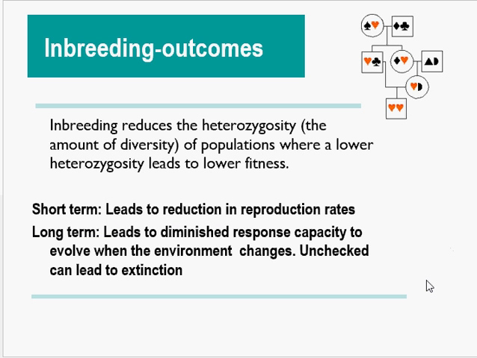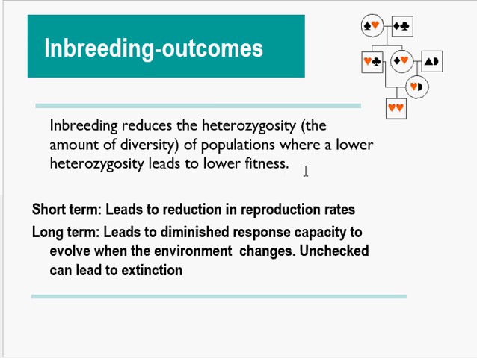So what does inbreeding lead to? Well, basically it reduces heterozygosity, the amount of diversity. The more inbreeding you have, the more chance that you get two of the same alleles at the locus of a particular organism. So that can be a problem when those alleles may be recessive, deleterious alleles.